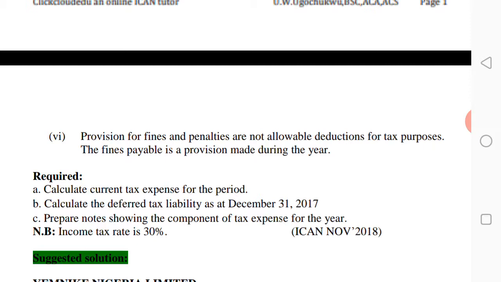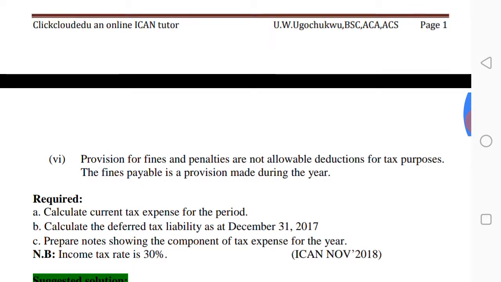When we are asked to calculate the current tax expense for the period, we are asked to compute the tax computation, in which that is the chargeable profit or the taxable profit, which you will multiply by the 30% income tax rate to arrive at the tax expense or the tax provision, the current year provision for the year.